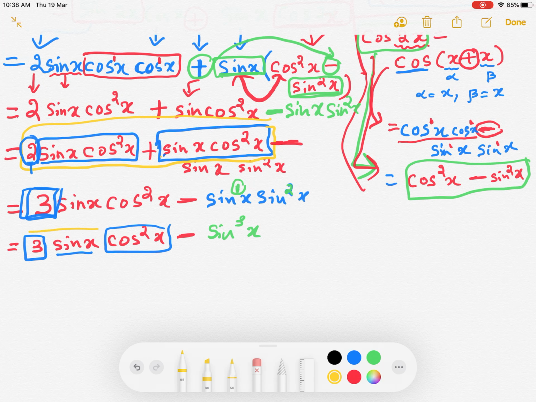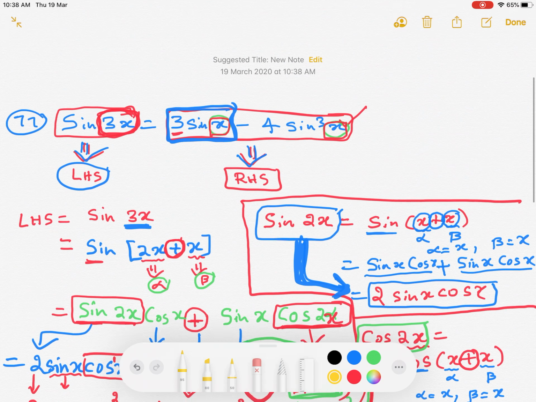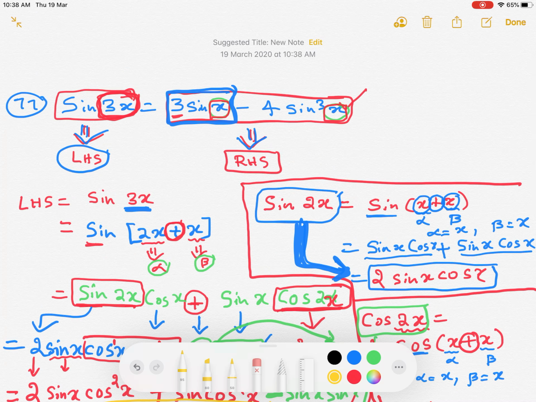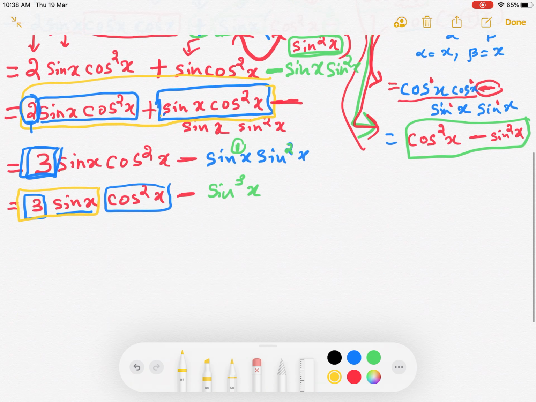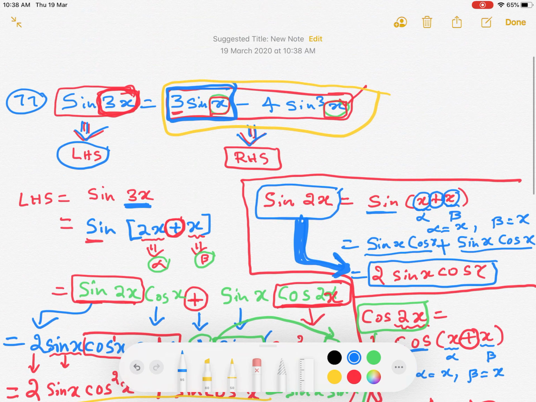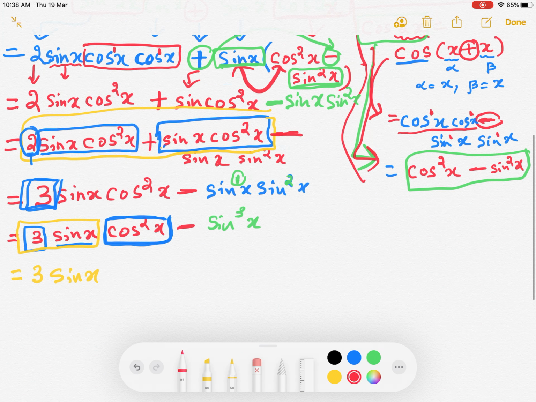So we don't want any cosine on the right hand side. We want only sine function on the right hand side.